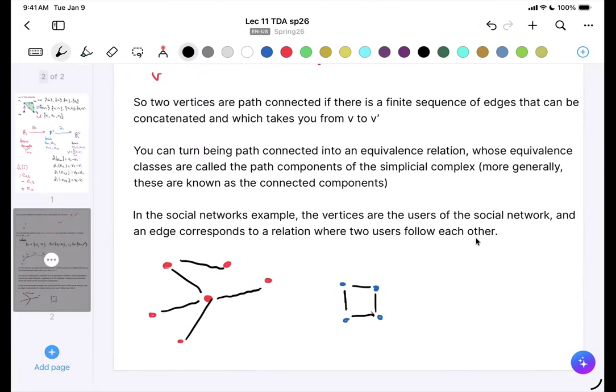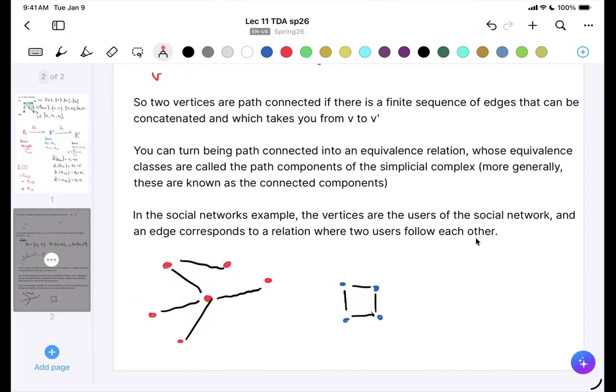But again, the idea of path connectedness is that with the red vertices, no matter which two of the red vertices you choose, you can connect them through a sequence of edges, and same with the blue ones, but there's no way to go from one of the blue ones to one of the red ones.